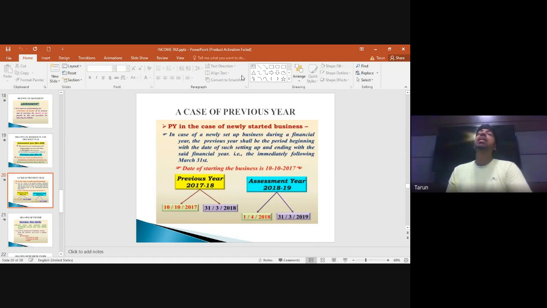As I said, if I have started a business in 2022, my previous year is 2022 to 23, and my assessment year is 2023 to 24. So this is a big difference in how you determine the previous year and the assessment year while calculating income, following the rules and regulations under the Income Tax Act.